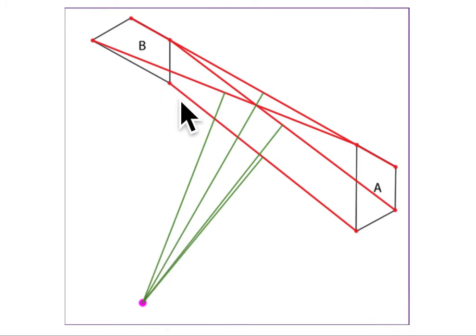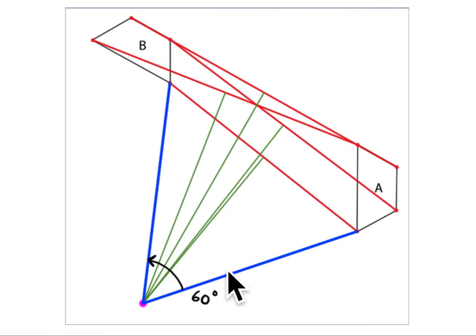You do that 4 times for each of the corresponding points, and they're all going to intersect at the center of rotation. So this is a 60-degree rotation moving A to B without a sequence of transformations, just a single rotation. So there's the 60 degrees, and that's moving A to B.